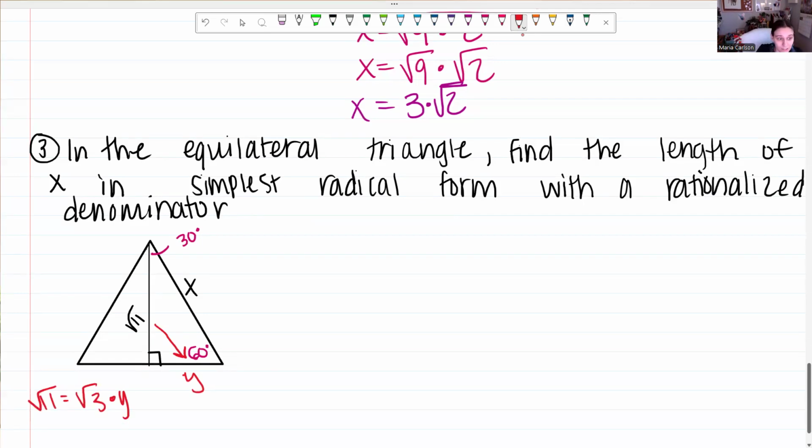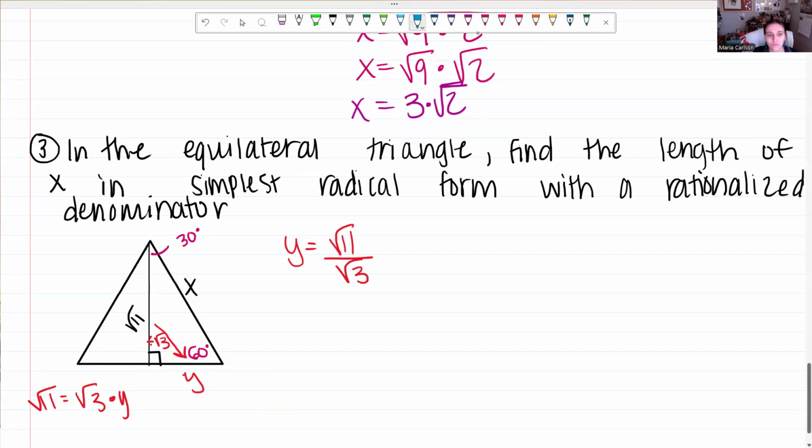So I'm really going to have to divide by the square root of 3. If I want to figure out the value of y, I'm going to take that longer side of square root of 11 and divide it by the square root of 3, because I know the longer side is the square root of 3 times the length of the shorter side.